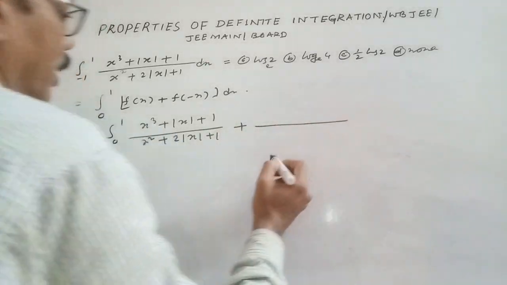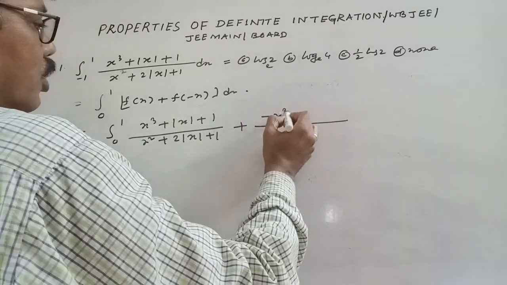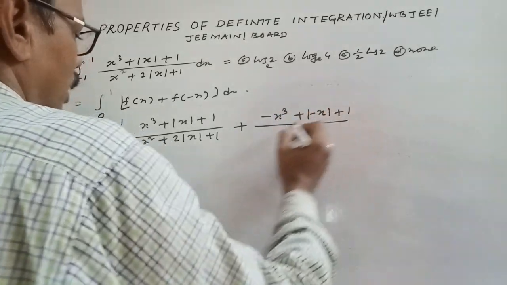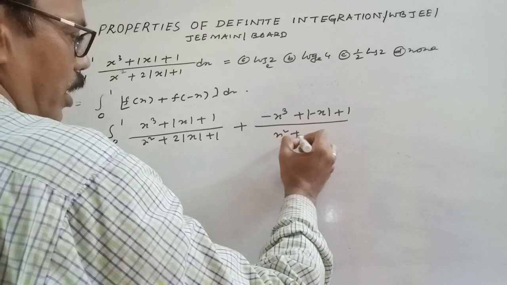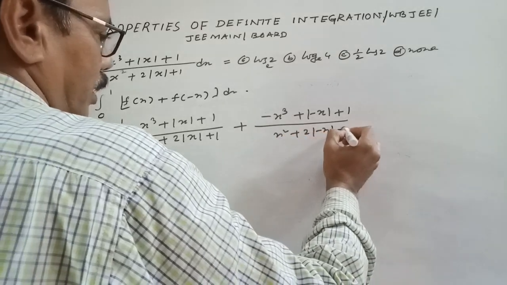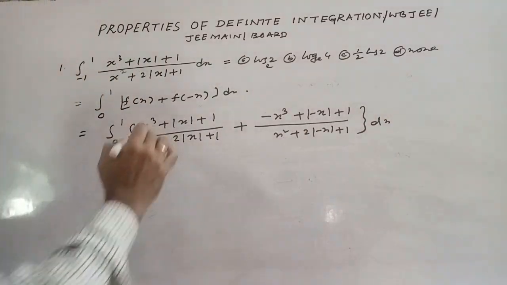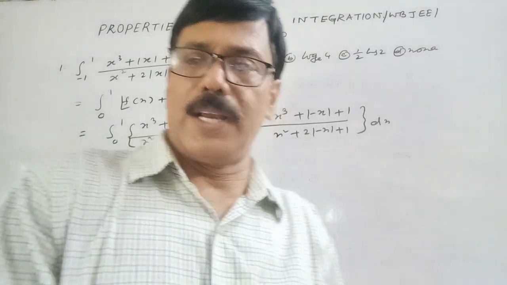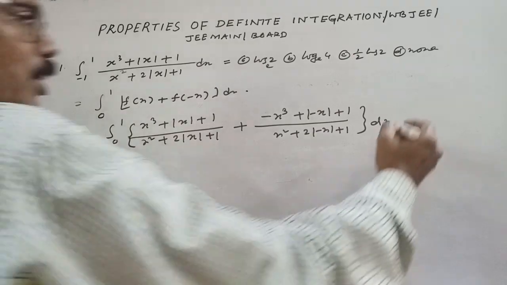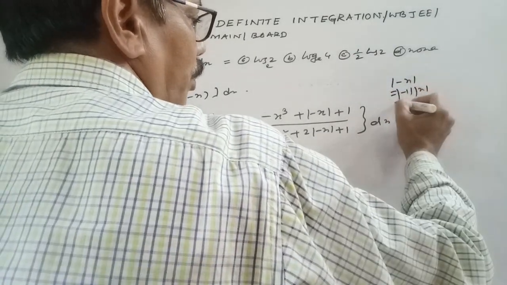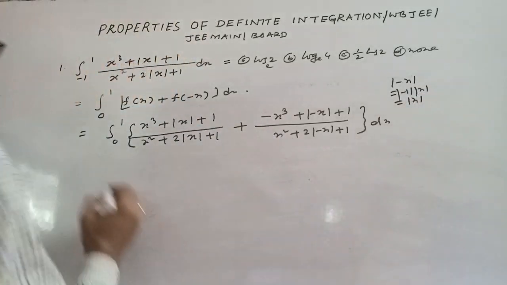Plus, what is f of minus x? So minus x cube plus mod of minus x plus 1, x square 2 into mod of minus x plus 1. Now mod of minus x is mod x. So you are getting mod x.